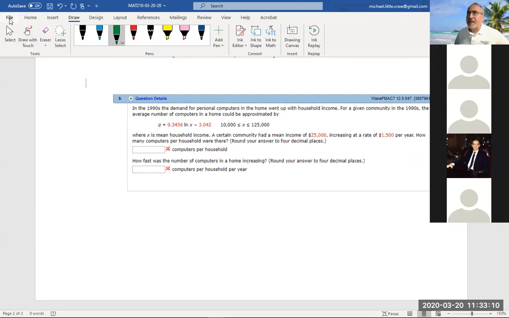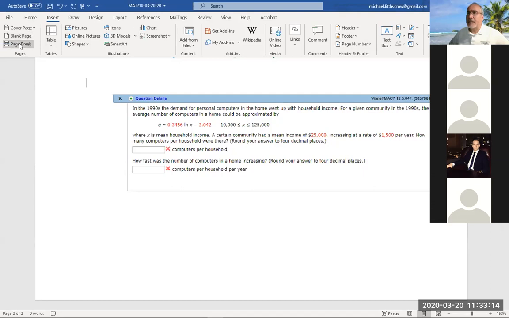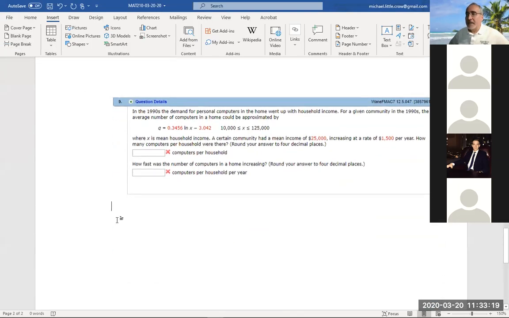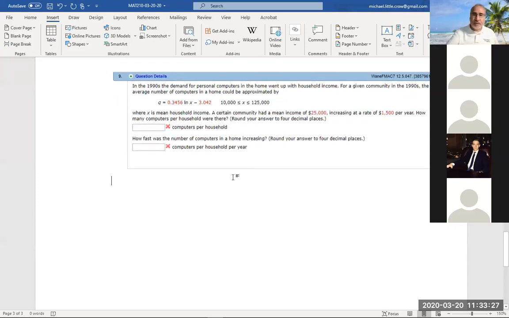Let's see, what do I want to do next? I want to insert a page break, so we'll start this on a new page. Okay, so let's do this. This is 12.5, and this also is related rates. I think I may have done this.